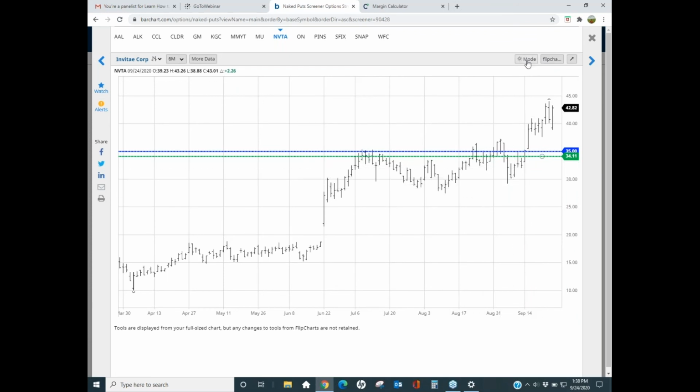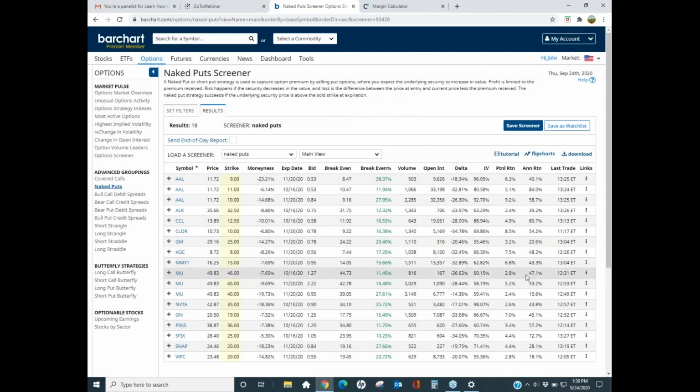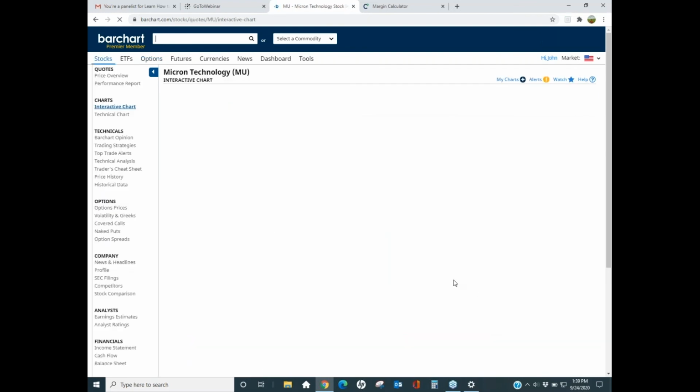Let's look at some of the other things. Some of the other things we might do is look at a trend line. Let me go back to an interactive chart where I can put some more strategies up there.